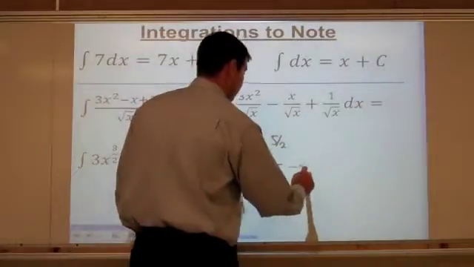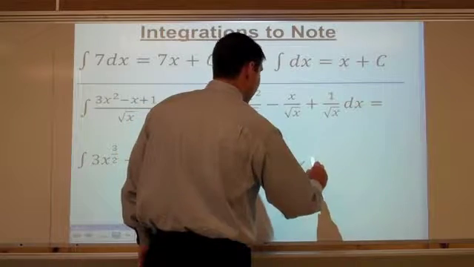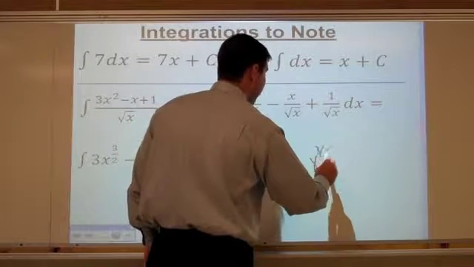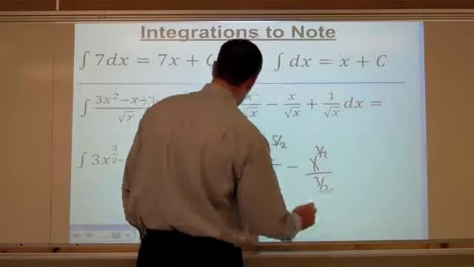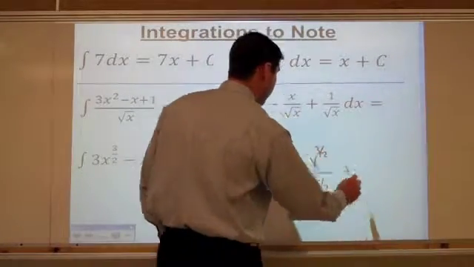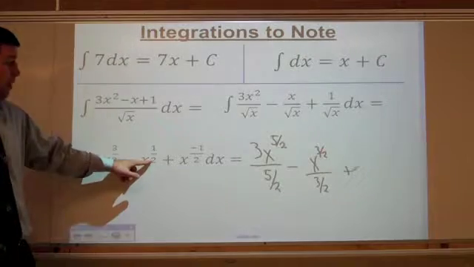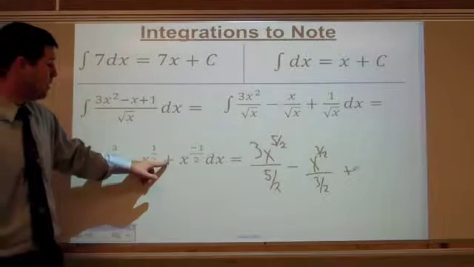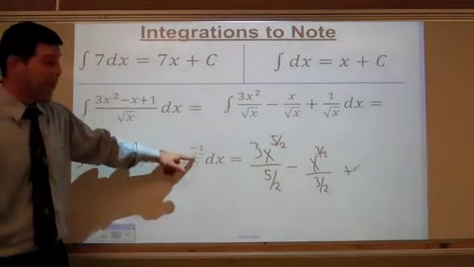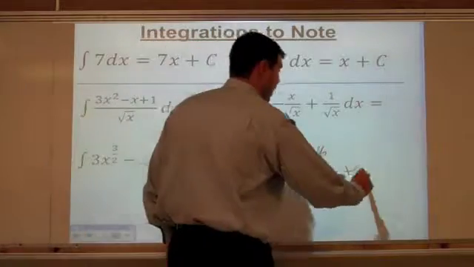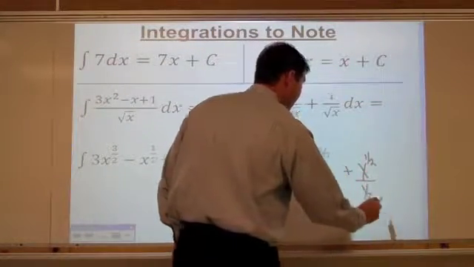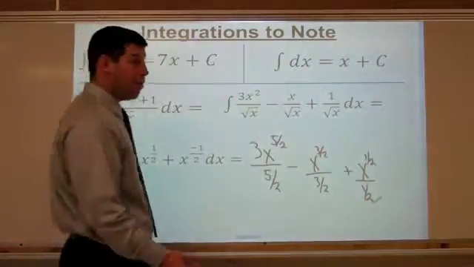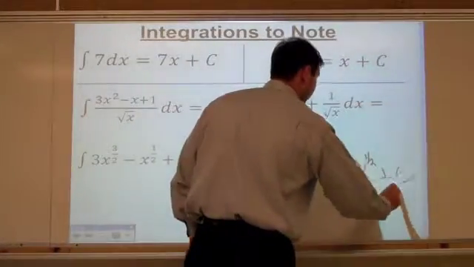Minus x to the 3 halves over 3 halves. 1 half plus 1 is 3 halves. Plus x, negative 1 half plus 1 is positive 1 half, over 1 half. And again, don't forget your constant at the end.